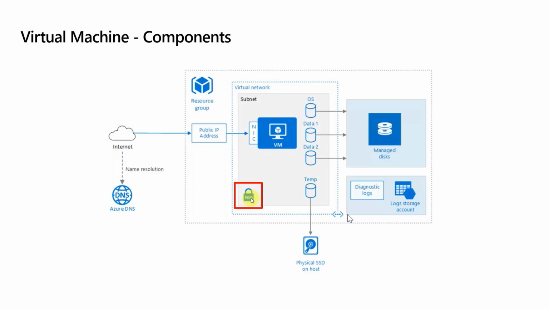It's a group of rules. Okay, so whatever rules are defined in this NSG will be applicable to all the VMs, not just one, all the VMs inside this subnet. So NSG can be attached to a subnet or a VM, not to a VM, but to a NIC card.